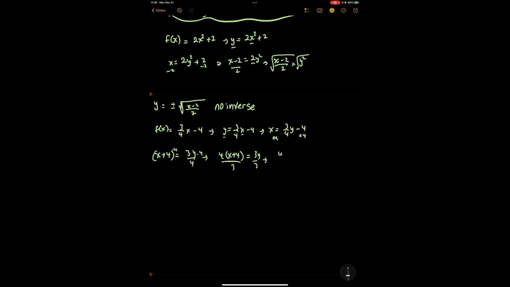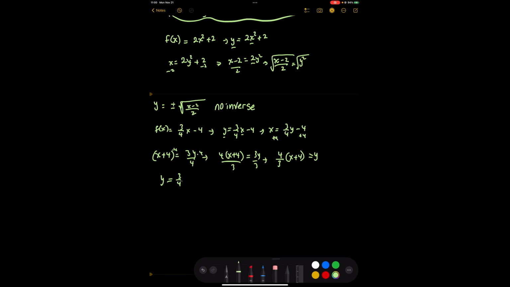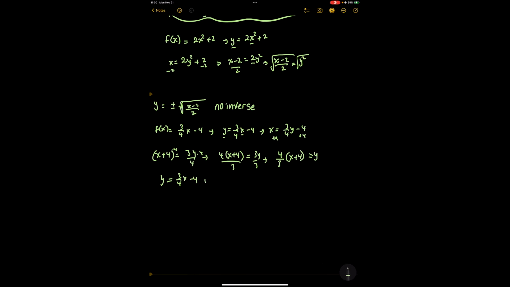So I get 4/3 times (x plus 4) equals y. So basically, y equals 4/3 x plus 4 is the inverse of y equals 3/4 x minus 4. And that's your answer.